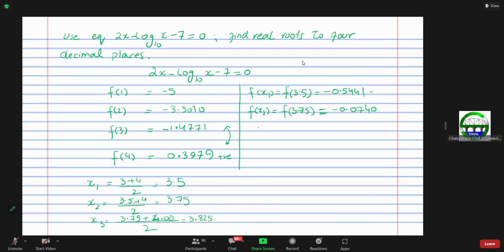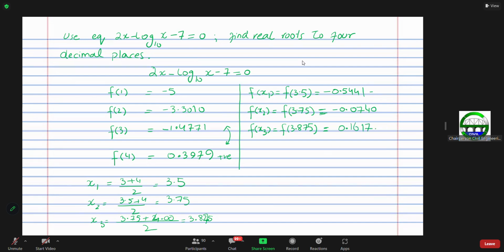Just check this one. F of x3 is equal to f of 3.875. Get the value in here, please. 0.1617, right?